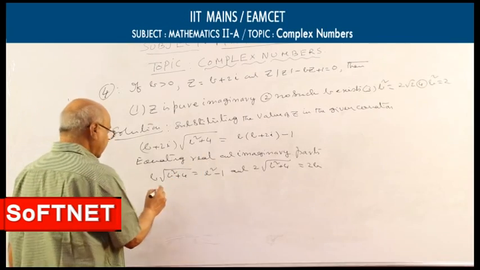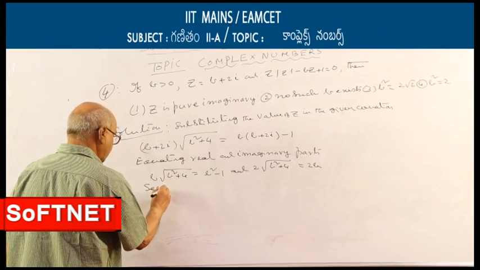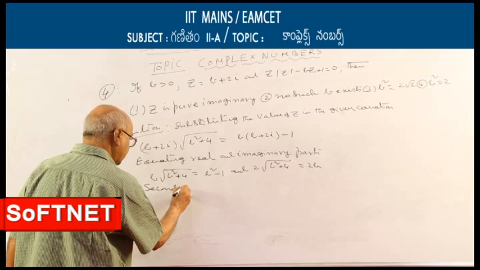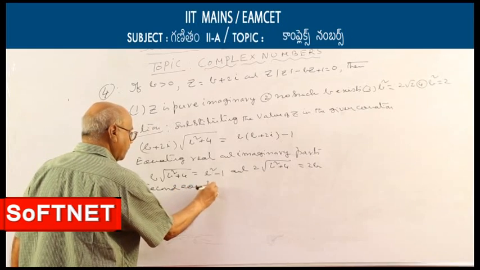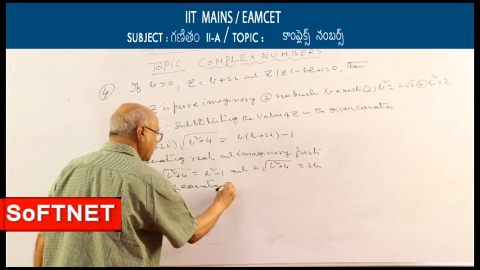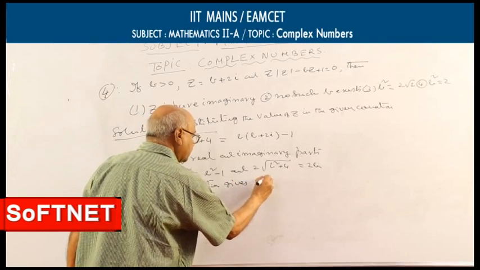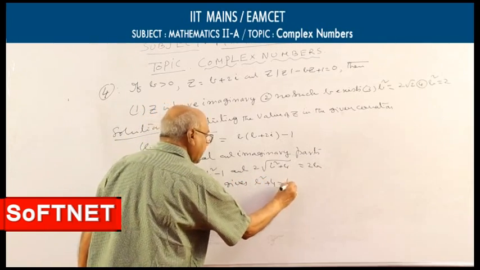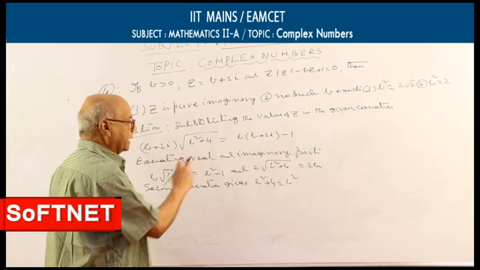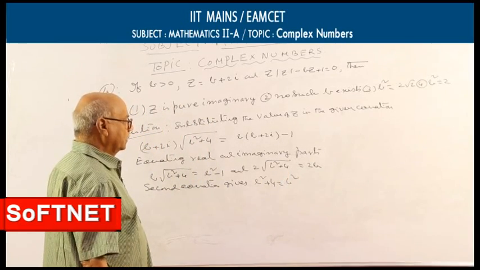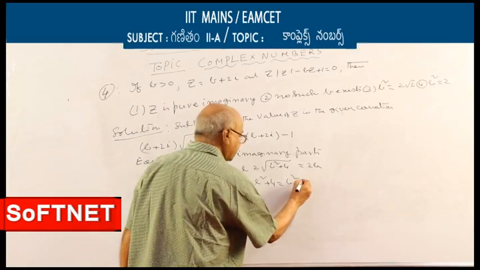Now the second equation gives b square plus 4 is equal to b square. 2 will cancel, b square plus 4 is equal to b square, which is absurd.